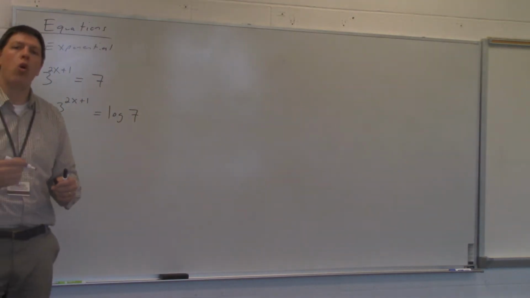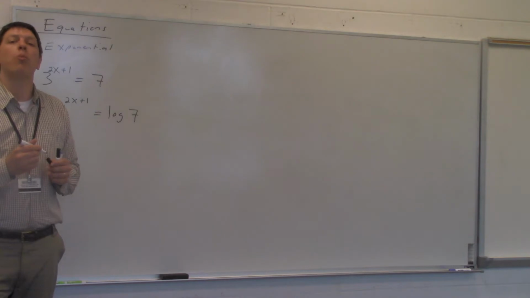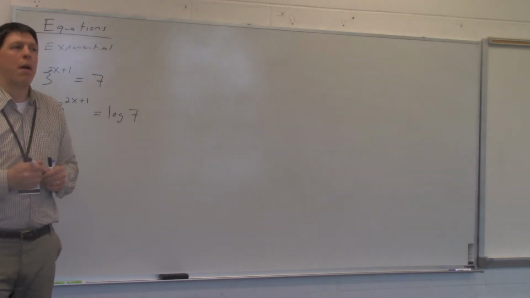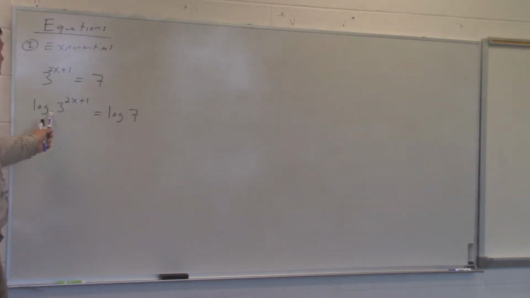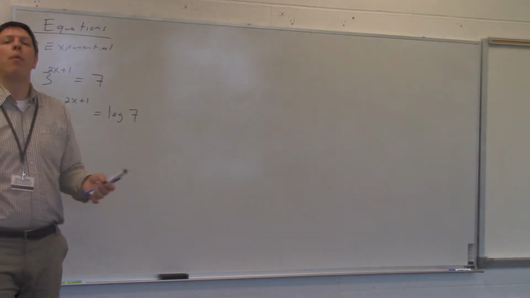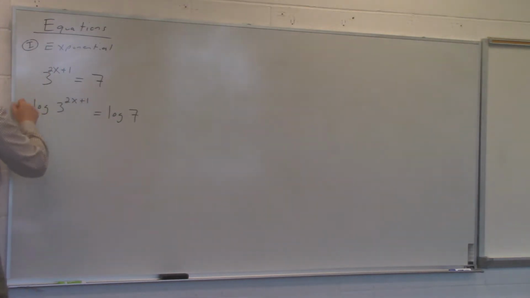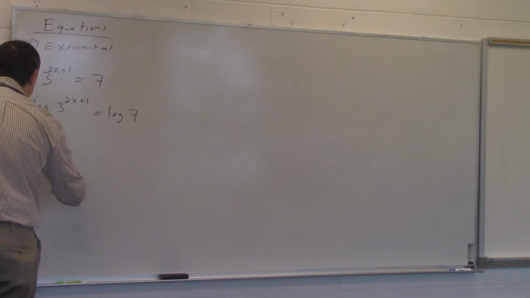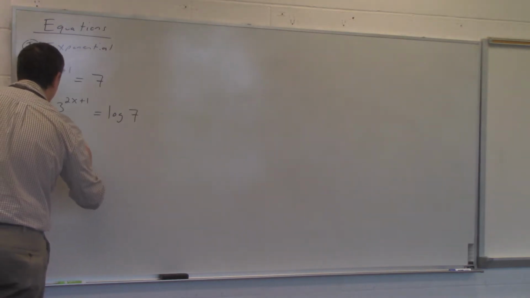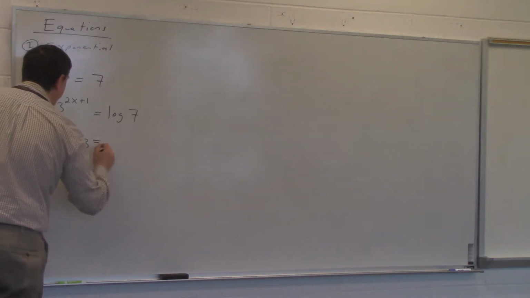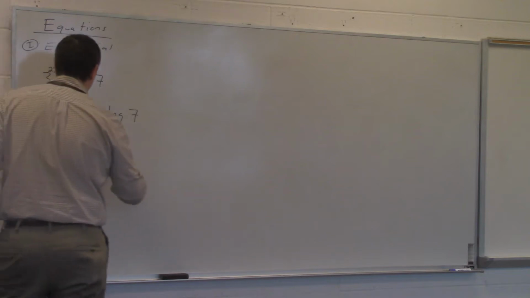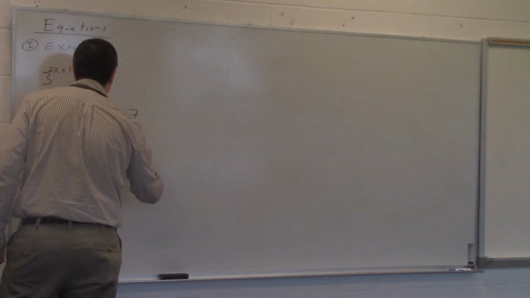It could be natural log, it could be log base 7, log base 55 pi. It doesn't matter. Obviously, I'm trying to keep it easy, so I'm going to use the common logarithm. What I can do is take 2x plus 1 and move it to the other side as a coefficient. So I'm going to get quantity 2x plus 1 times log 3 is going to be equal to log 7.